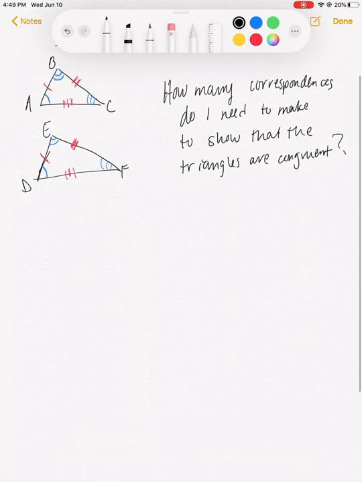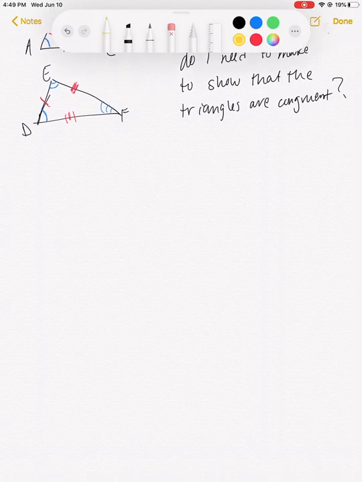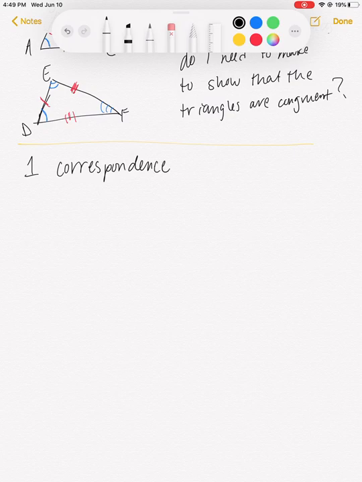Okay, so for that, we're going to go ahead and start at the beginning. We need to establish a pattern in mathematics. This first one is called the one correspondence. Is it possible to just have one correspondence between 2 triangles and force the other 5 to be the same?